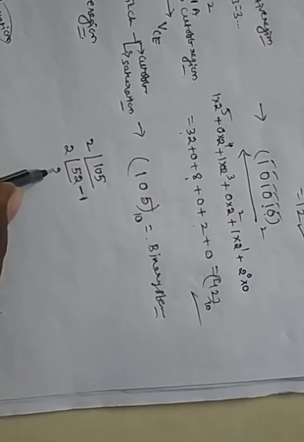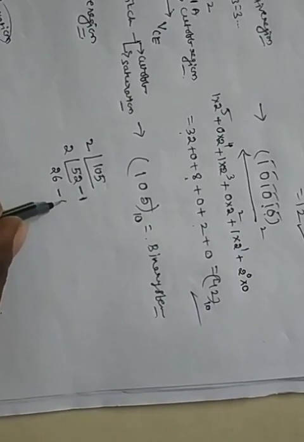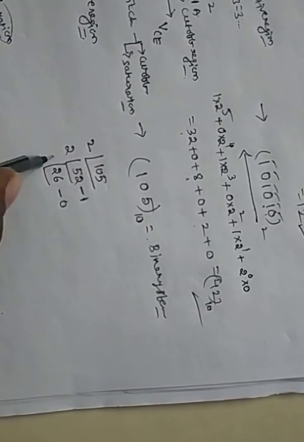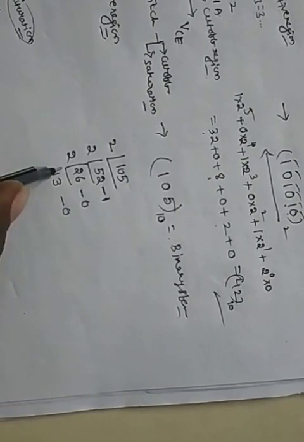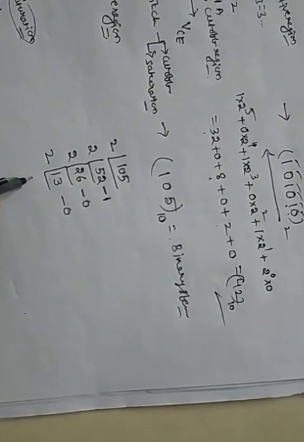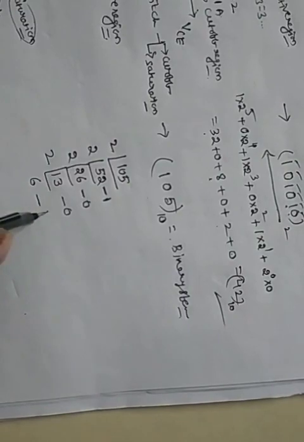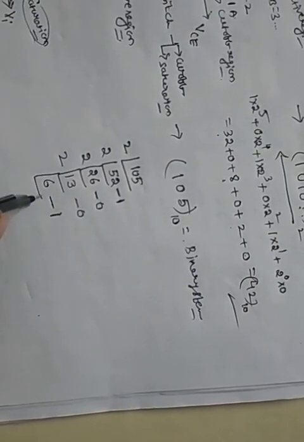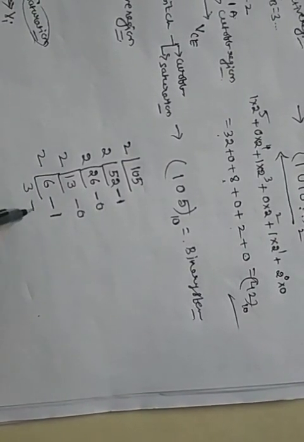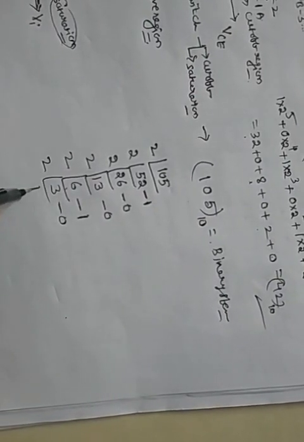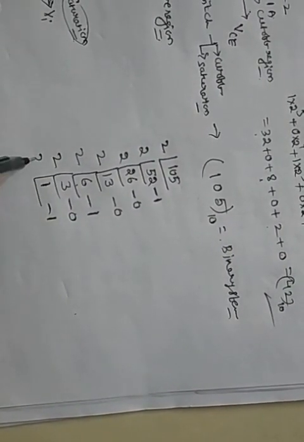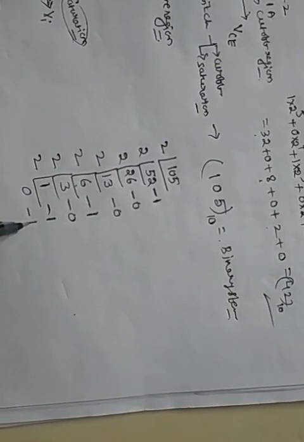Next 2 twos are 4, 2 sixes are 12, remainder is 0. 2 thirteens are 26, remainder is 0. 2 sixes are 12, remainder is 1. 2 threes are 6, remainder is 0. 2 ones are 2, remainder is 1. 2 zeros are 0, remainder is 1.